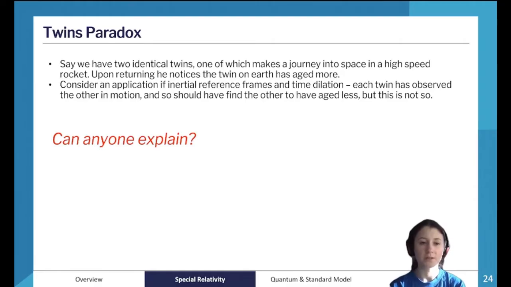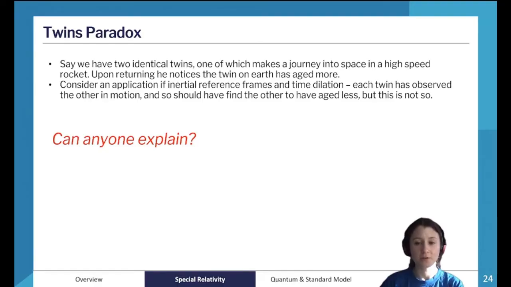What is the solution to the twins paradox? As a hint, pause the recording now if you don't want a hint. Have a think about what is a necessary requirement for the content that we've learned.